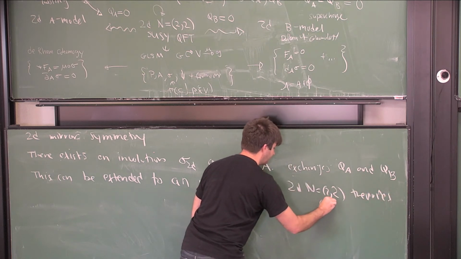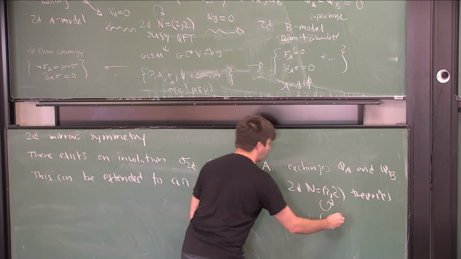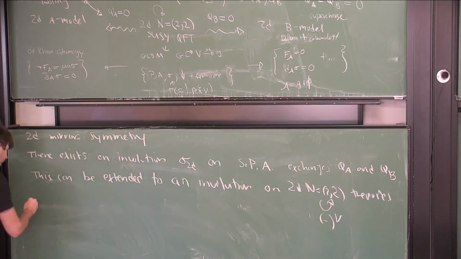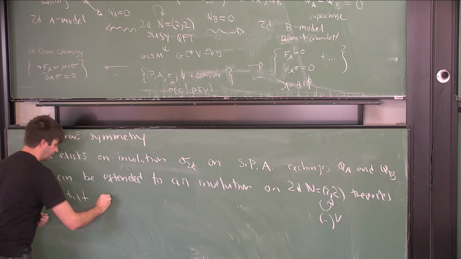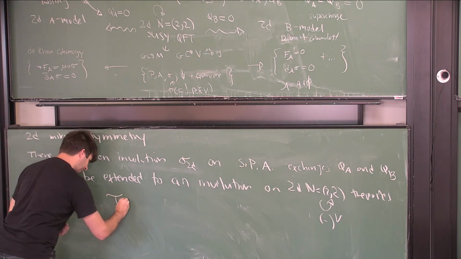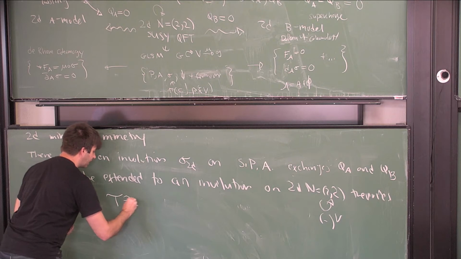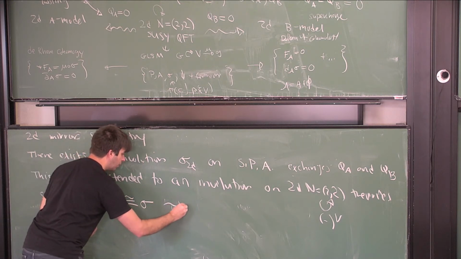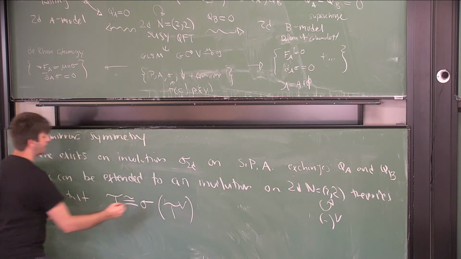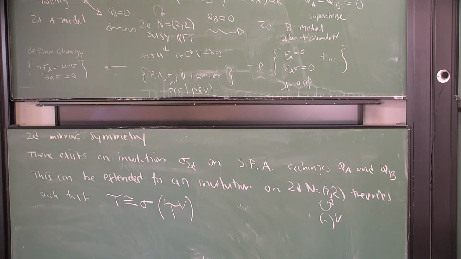Let me call that involution dual, such that your original theory is isomorphic to taking the dual and then twisting the action of the supersymmetry algebra by my involution.